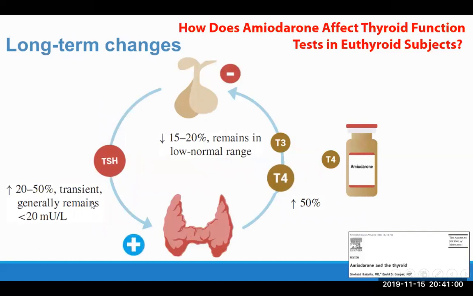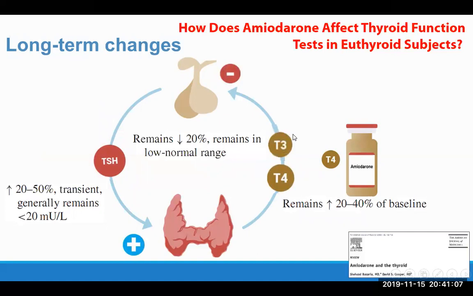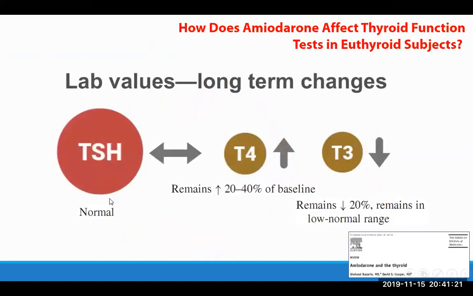TSH, which was elevated, will stimulate the thyroid gland to secrete more T3 and T4, but T3 will still be low, and T4 will be increased by 20 to 40% of the baseline, and this will normalize the negative feedback mechanism and return the TSH to normal. So the net result after 3 months of amiodarone intake: TSH will be normal, T4 will be mildly increased, and T3 will be low.